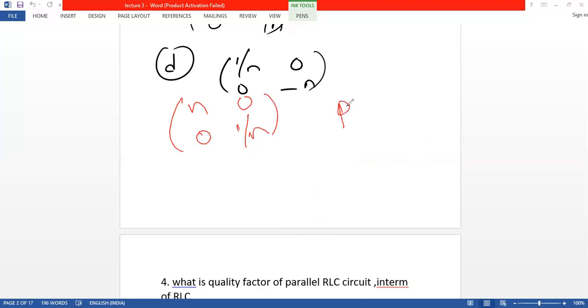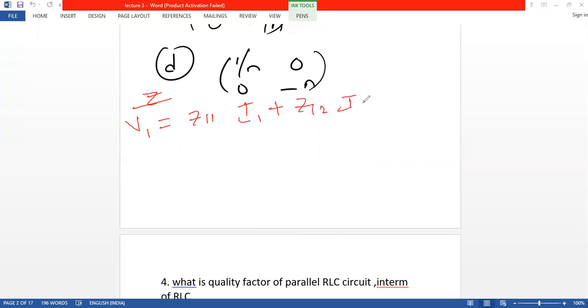Point to be observed here, that a transformer does not have Z and Y parameters. Now you may ask me why. See here, simply you write Z parameters. What it is telling? V1 equals Z11 I1 plus Z12 I2. Similarly V2 equals Z21 I1 plus Z22 I2.